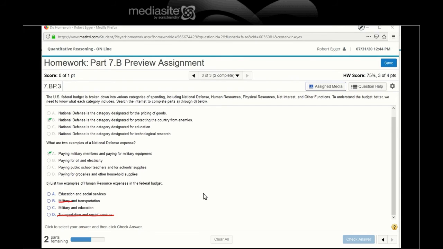Same with this one, and this one because of transportation. Military has its own. I'm going to go with education and social services.